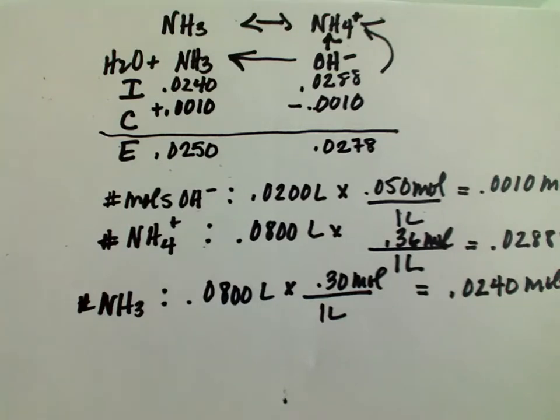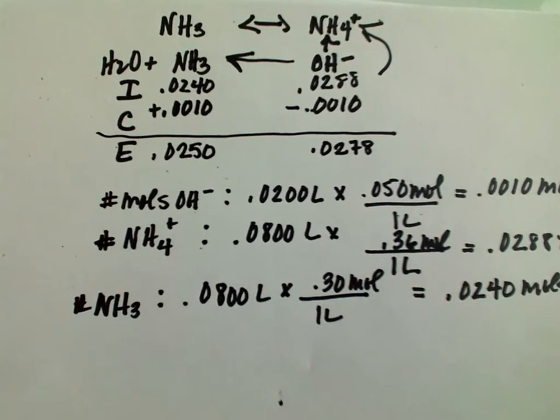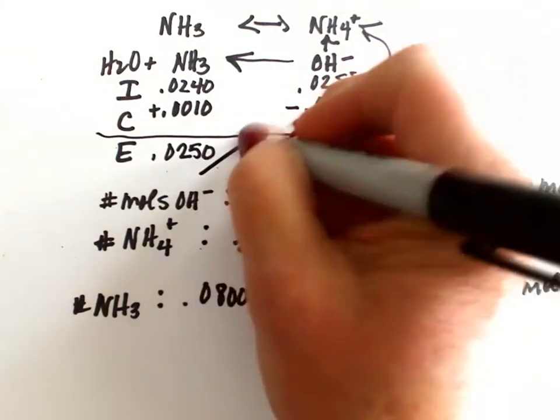Now, we don't have the molarity, and we need that molarity in order to do our calculation using the Henderson-Hasselbalch equation. I just used Henderson-Hasselbalch here. You could use the other as well. But we added 20 mL of sodium hydroxide to 80 mL of our buffer solution.